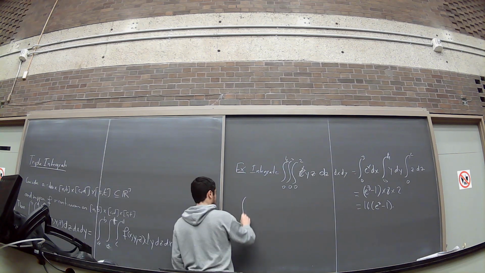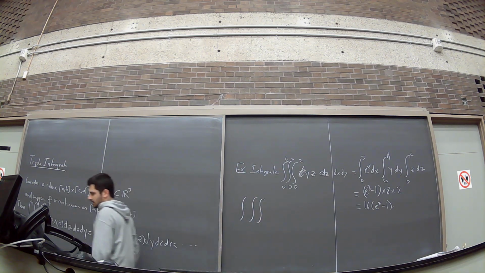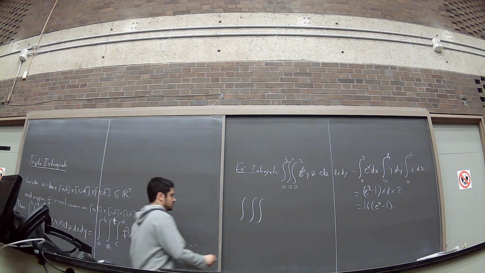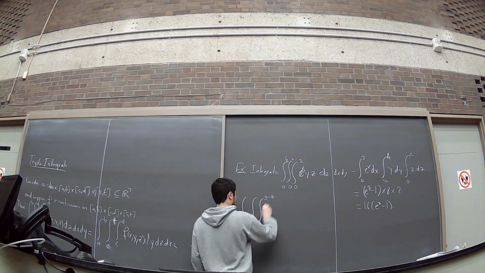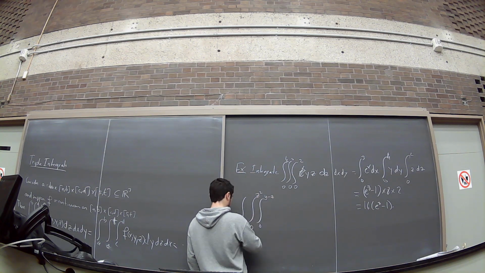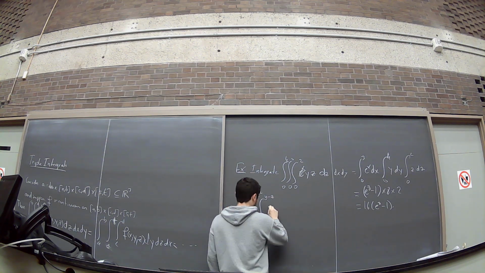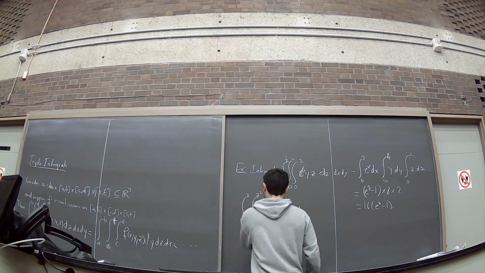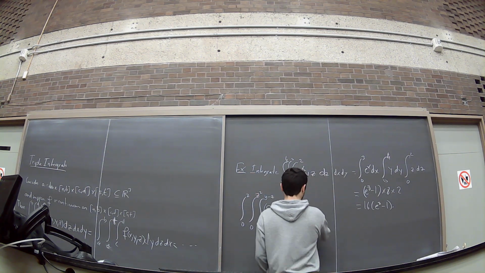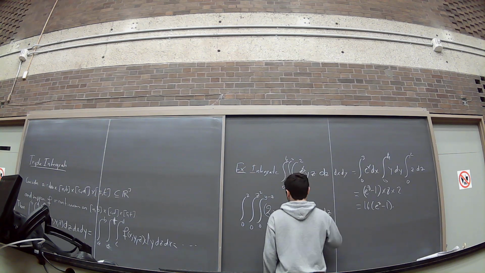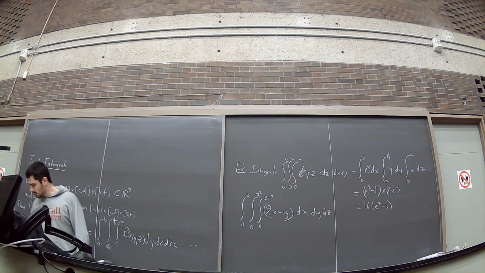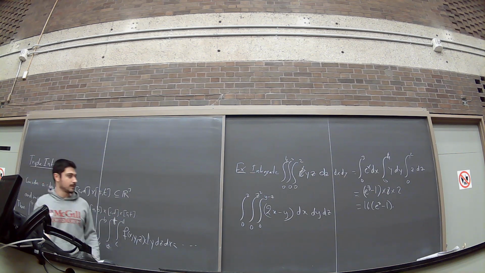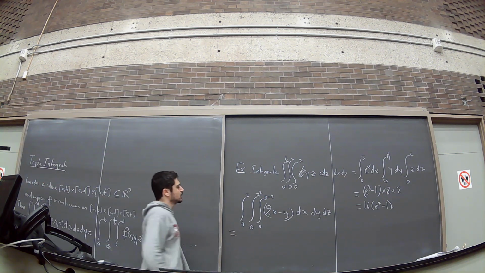So evaluate the integral from 0 to 1, 0 to 2, of 2x minus y, dx dy dz, making sure that I got the bounds correct. The upper limit for x is y minus z squared. Yeah? Okay. Great. How do I evaluate this?